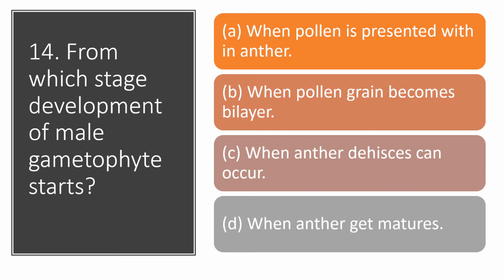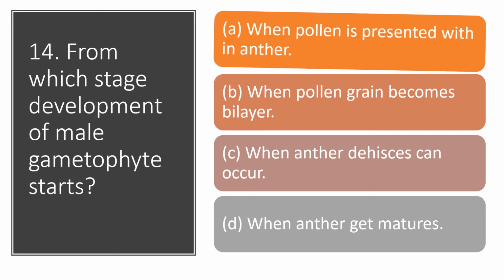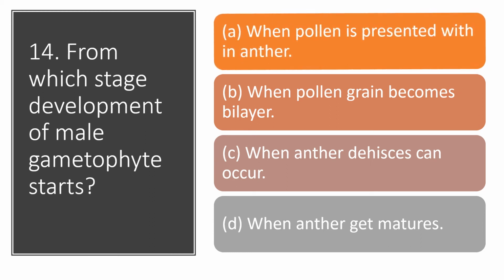And we know that around 60% of angiosperms release pollen grains in a two-celled stage, whereas 40% of angiosperms release pollen grains in a three-celled stage. So that indicates the development of the male gametophyte takes place within the anther itself. So the right option is A, when pollen is present within the anther.